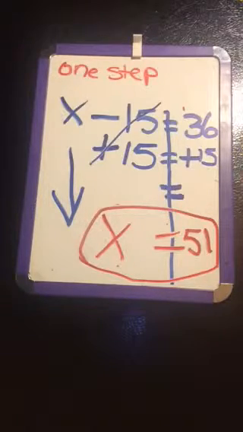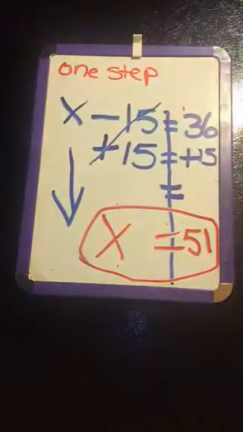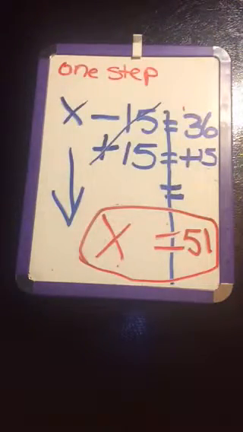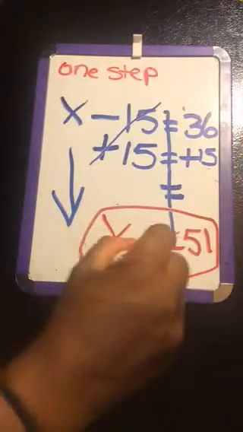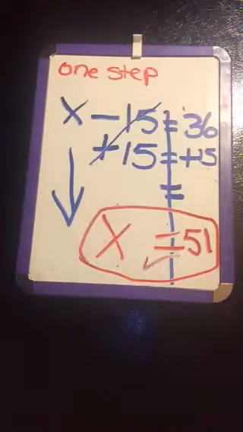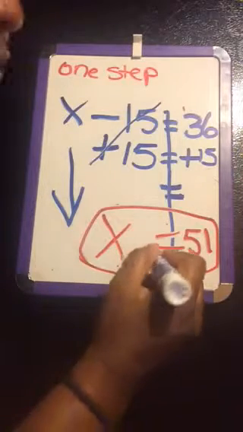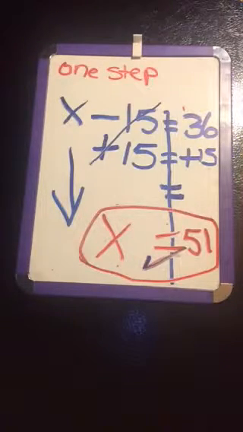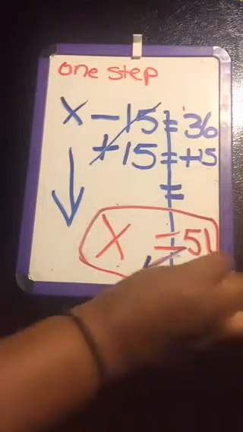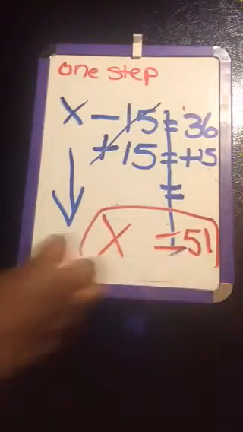You don't have to solve for any more problems. You don't got to do nothing more. Give that a nice little check mark. Your variable is solved. Your equation is solved, I should say.